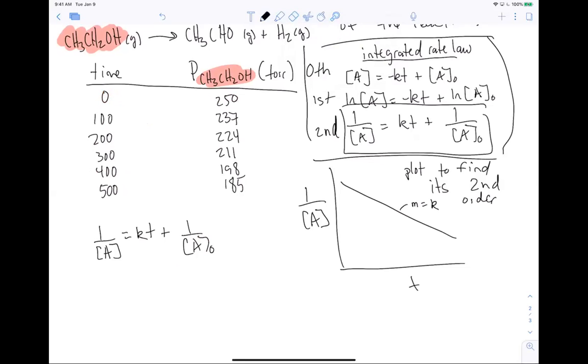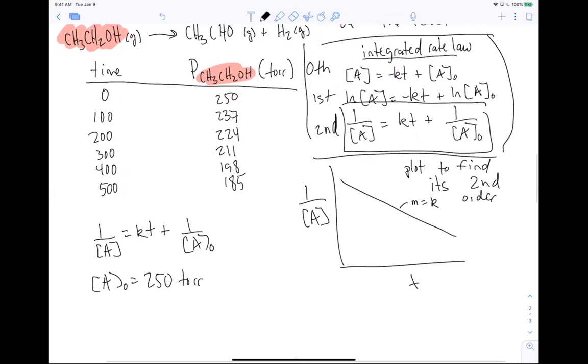So I pick that as the point for A sub 0. And then, what is A sub t? Well, it's whatever we want it to be. If we pick time equal to 100 seconds, then A sub t is 237. If we take time equal to 200 seconds, then A sub t is 224.